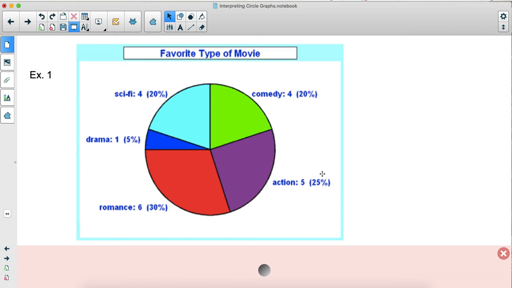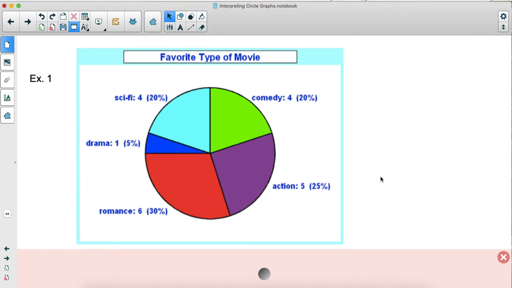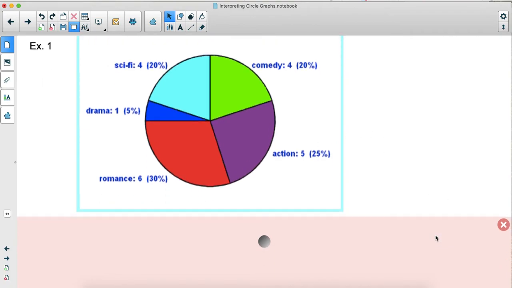Now, if we didn't have the percentage and we just had the names action and comedy, sci-fi, drama, and romance, you could still interpret the graph and say, well, the least favorite genre of movie is drama, and the most favorite is the romance. Okay, so even without numbers or percentages, you could still interpret it and find out some sort of general information about it.